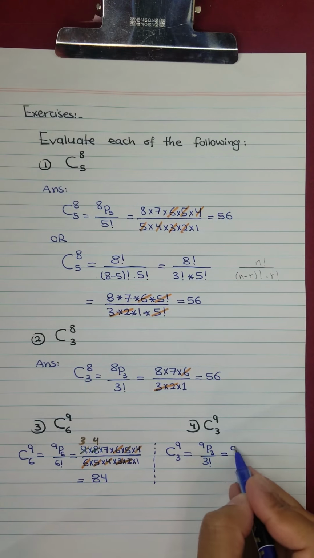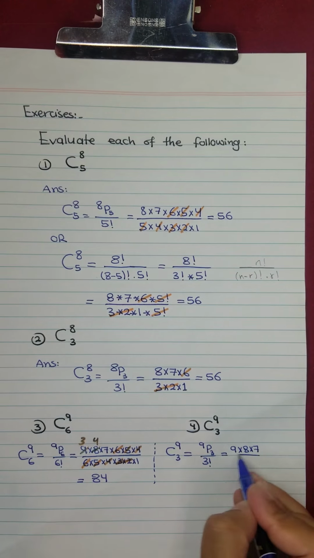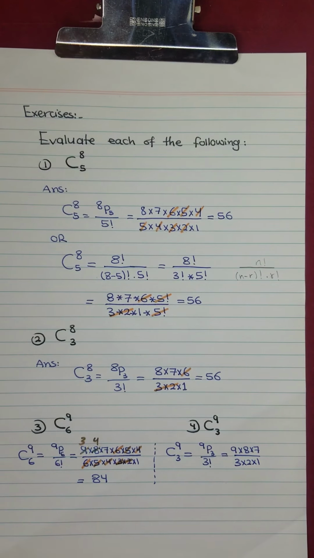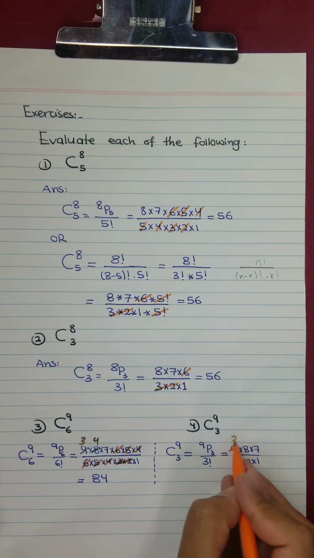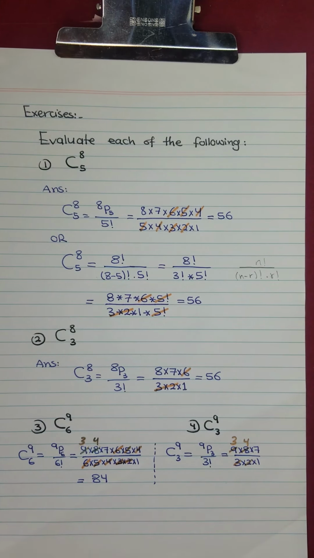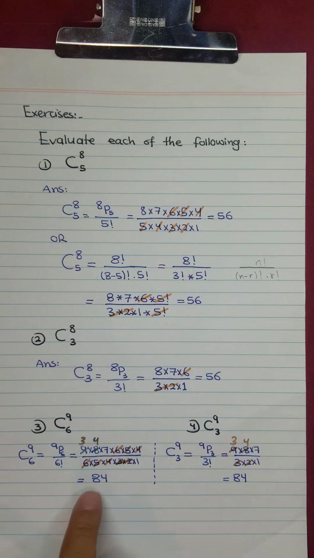So it is 9 times 8 times 7 divided by 3 factorial, which is 3 times 2 times 1. Now let's start cancelling. We'll cancel the same numbers with the same numbers. 3 with 9 we get 3, and 2 with 8 we get 4. 3 times 4 is 12, and 12 times 7 is also 84. So we've just noticed that this is also the same answer.